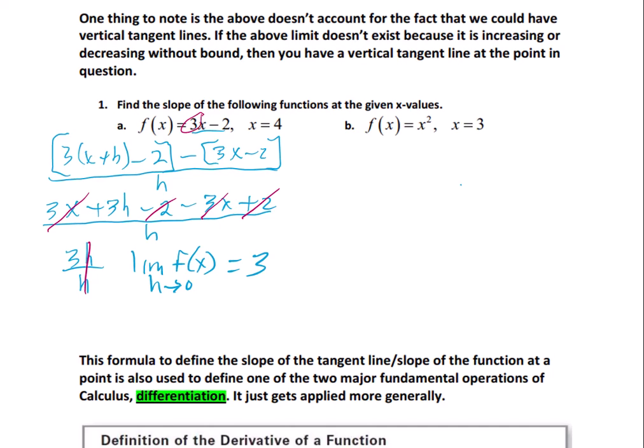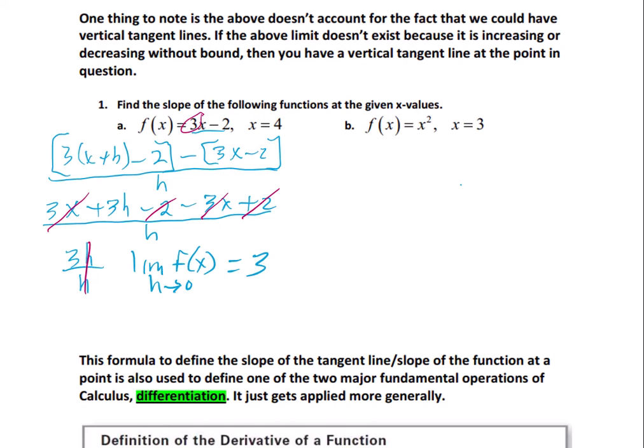Slope is 3. So whether we're talking about x equal to 4 or x equal to 10 or x equal to negative 15, that slope is going to be a constant 3 because it's a straight line.